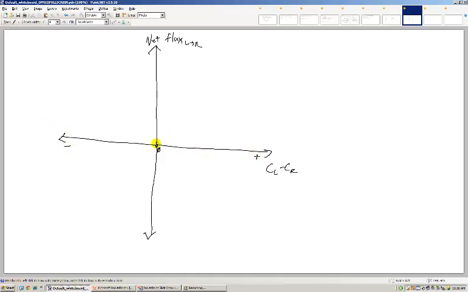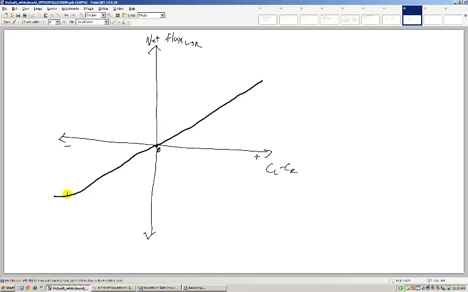As Cl minus Cr gets bigger, net flux left to right will get bigger in a linear fashion, and vice versa. If Cl minus Cr goes negative, the net flux left to right would also become negative. You just get a line: zero flux at zero concentration difference, positive flux for positive concentration difference, negative flux for negative concentration difference.